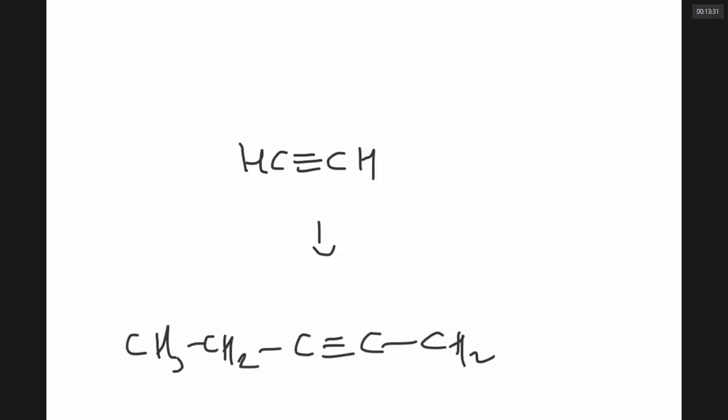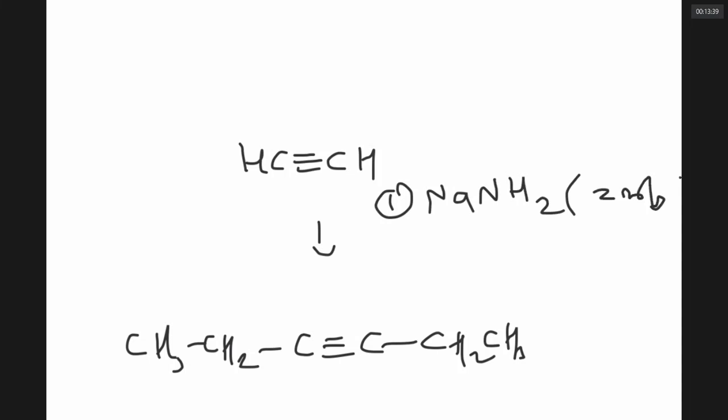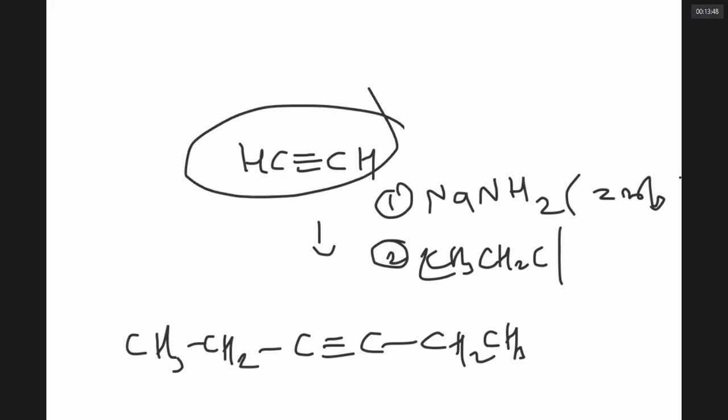That's what I am looking at. Here I will react with the sodamide, two moles of ethyl chloride. So any alkyne can be prepared starting with ethyne. Are we clear? Yes, sir.